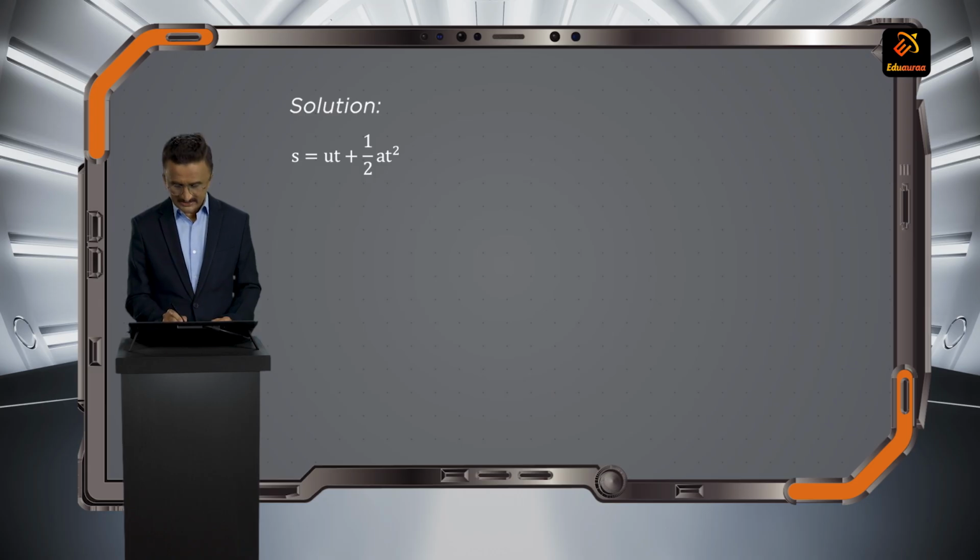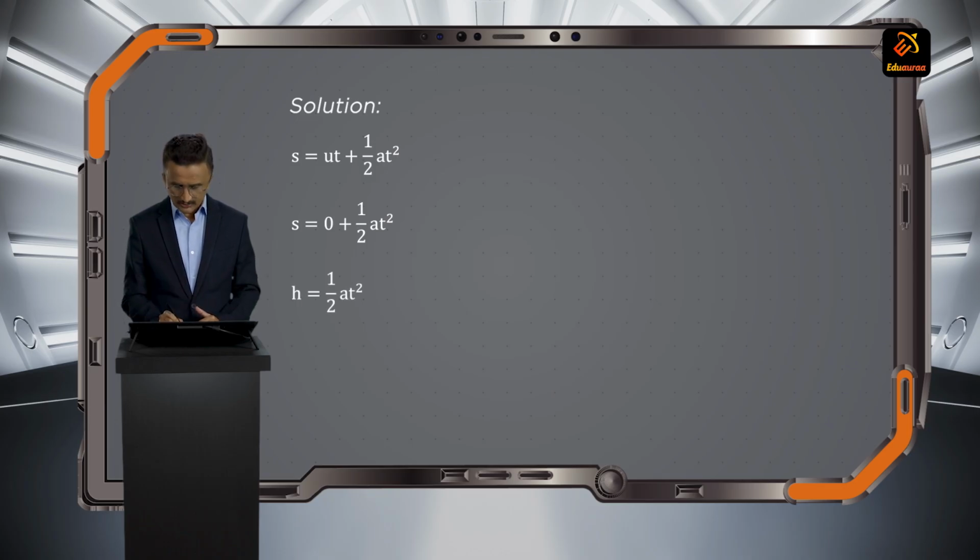So s is equal to ut plus half at square. But what about the initial velocity? It is 0. So s is equal to half at square. But what is s? It is h, the height of the tower.